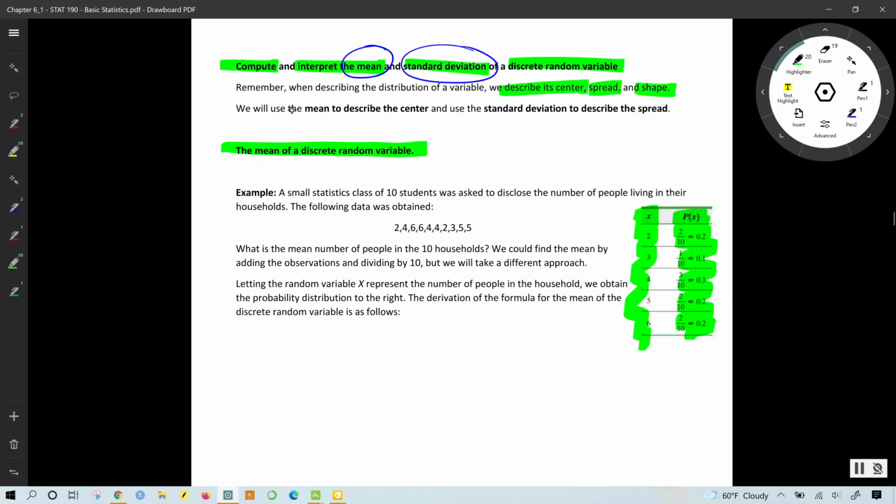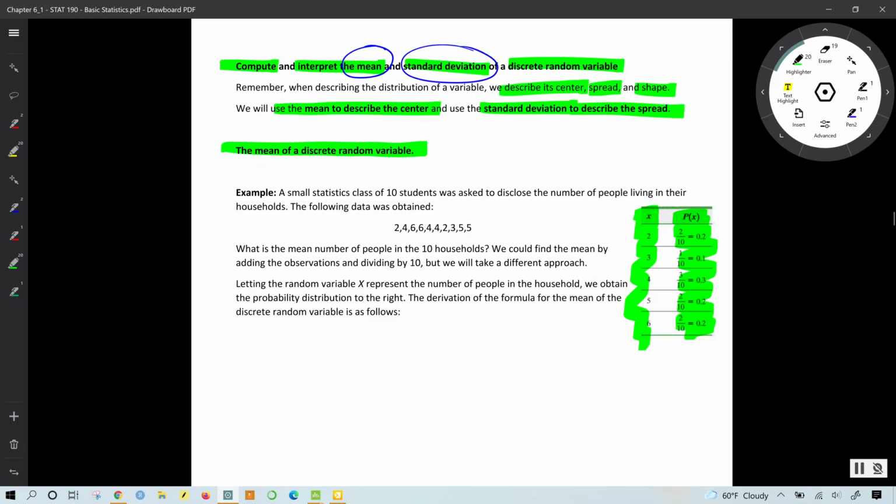In particular, we're going to use the mean to describe the center and the standard deviation to describe the spread. In the long run, this can be extended to finding values that are unusual in the set of all possible values of a random variable.